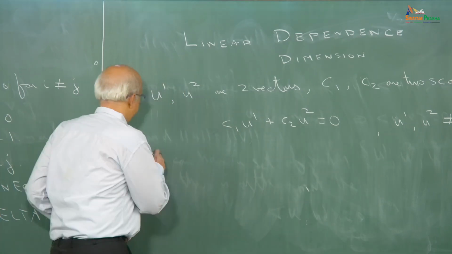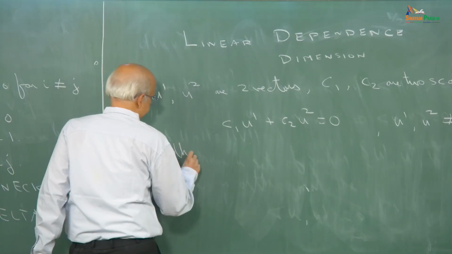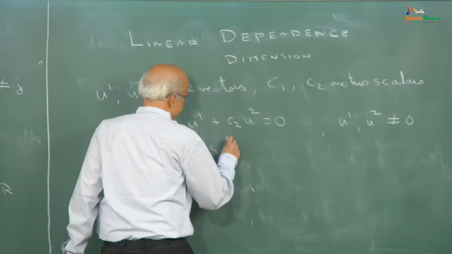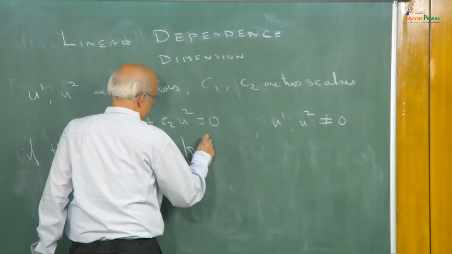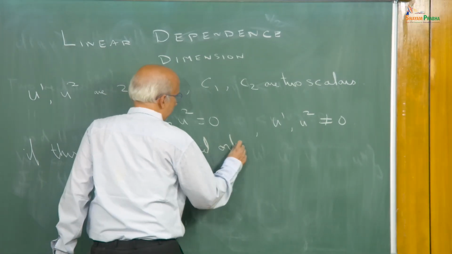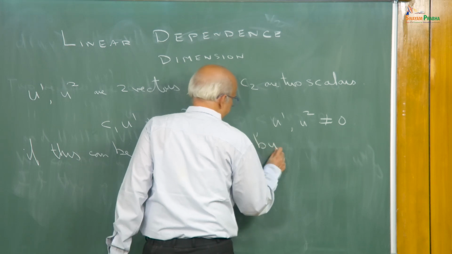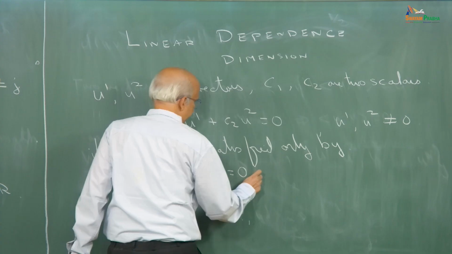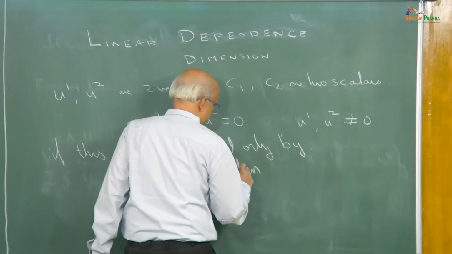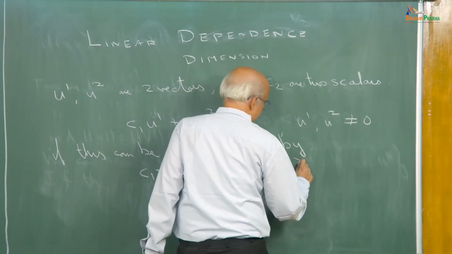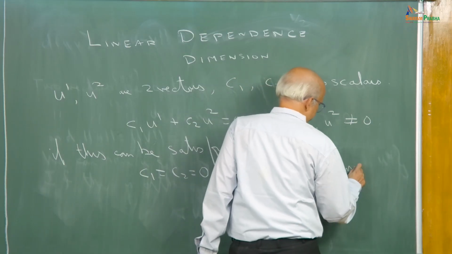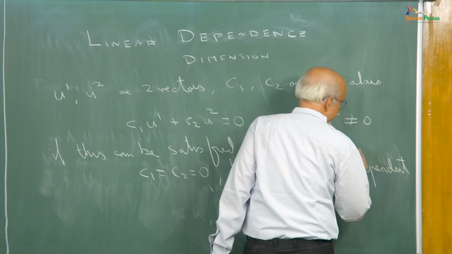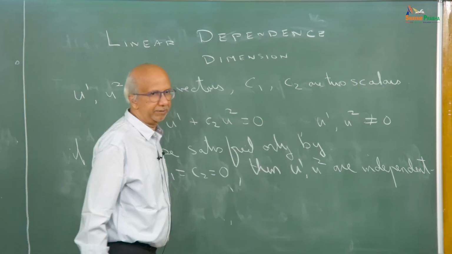If this can be satisfied only by c1 equal to c2 equal to 0, then u1 and u2 are independent.